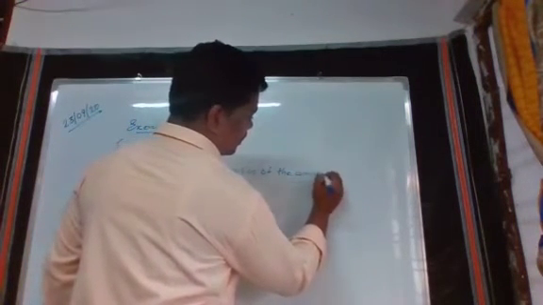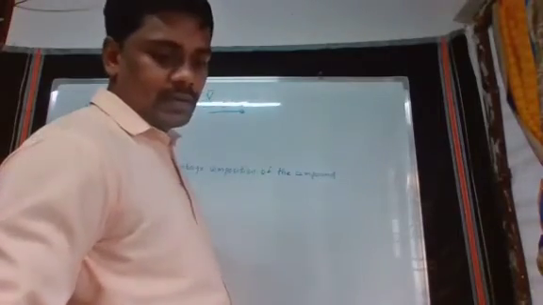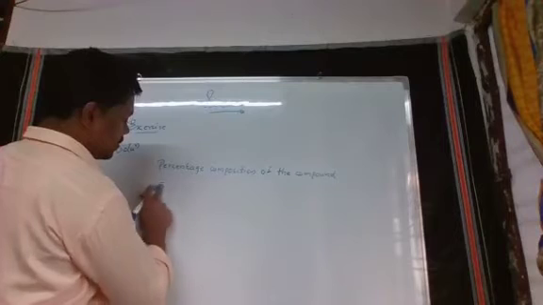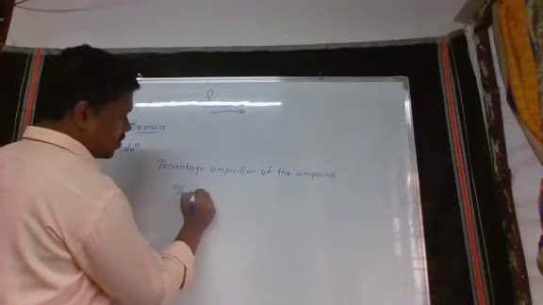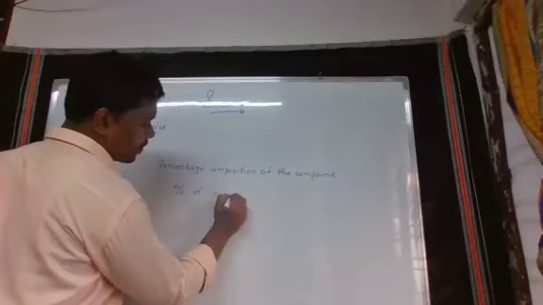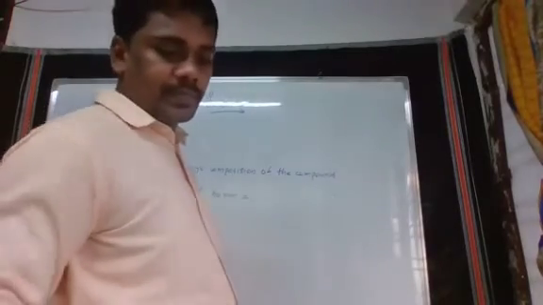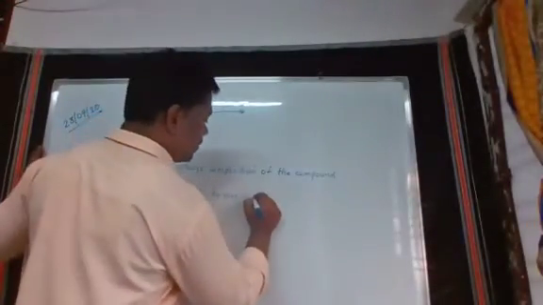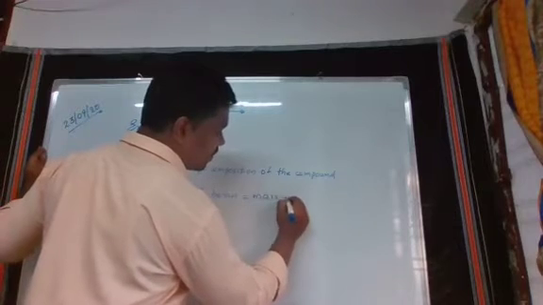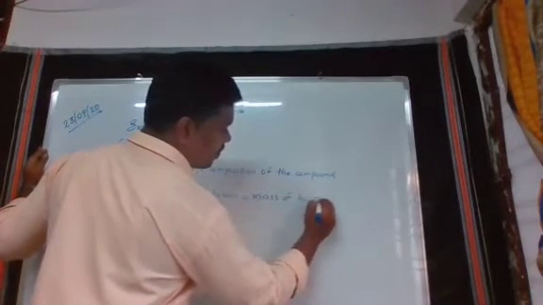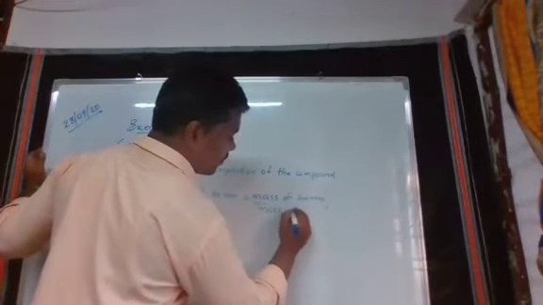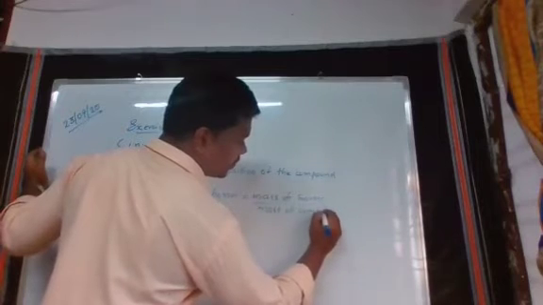So first, the percentage of boron. How will we calculate that? Mass of boron by mass of compound into 100.